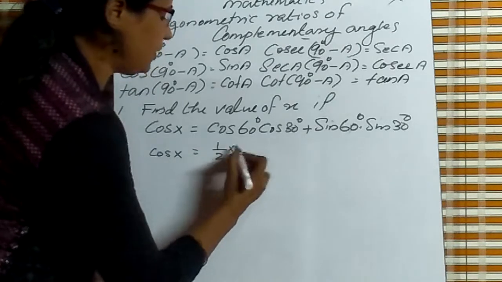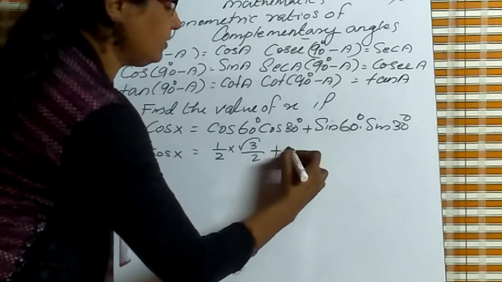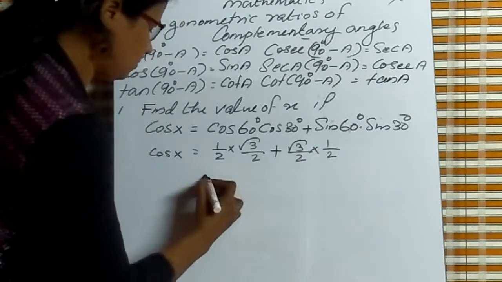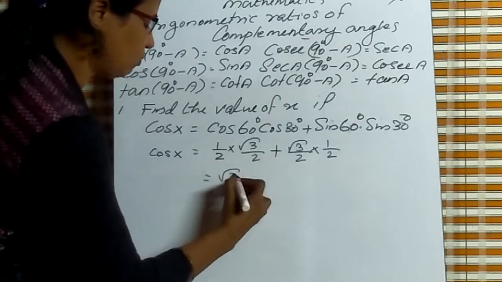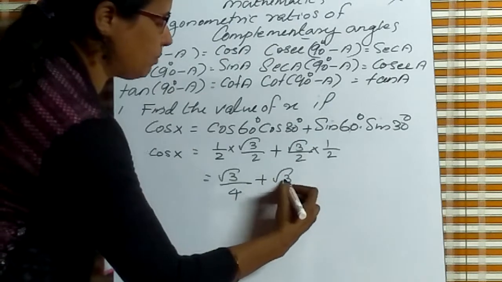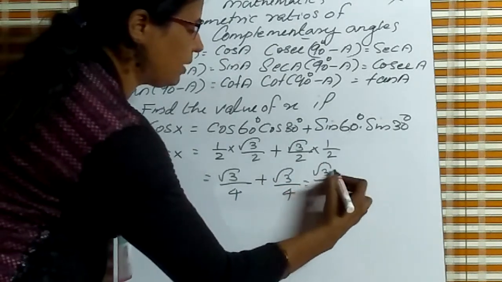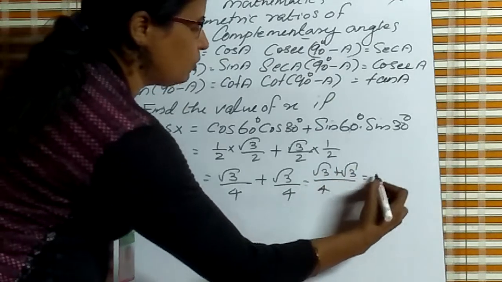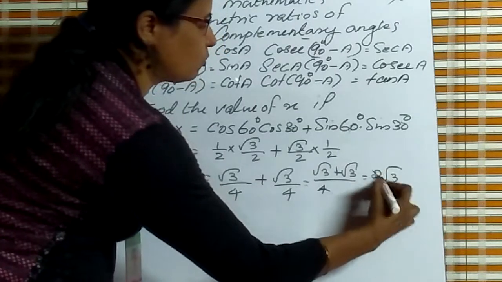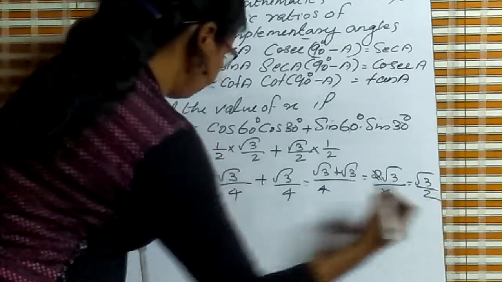Cos 60 is 1/2, cos 30 is root 3 by 2, plus sin 60 is root 3 by 2 into sin 30, which is 1/2. That equals root 3 by 4 plus root 3 by 4, which is 2 root 3 divided by 4. The 2 cancels with the 4, giving root 3 by 2.